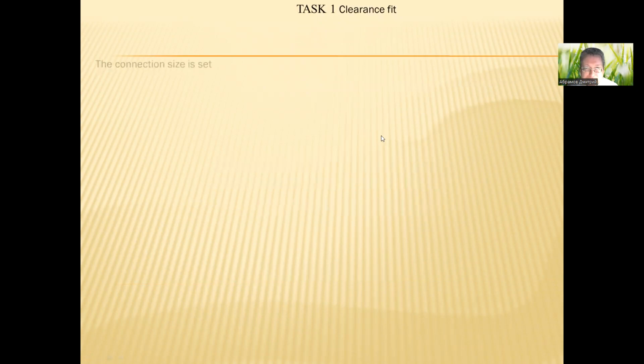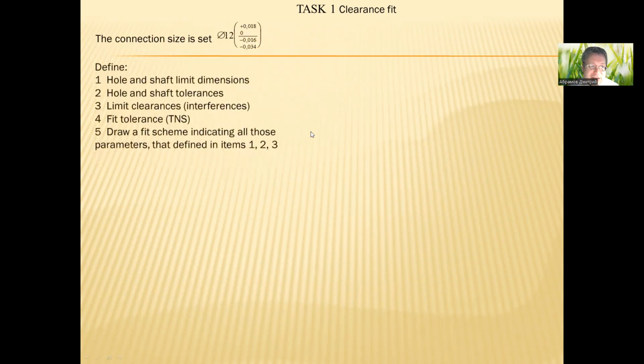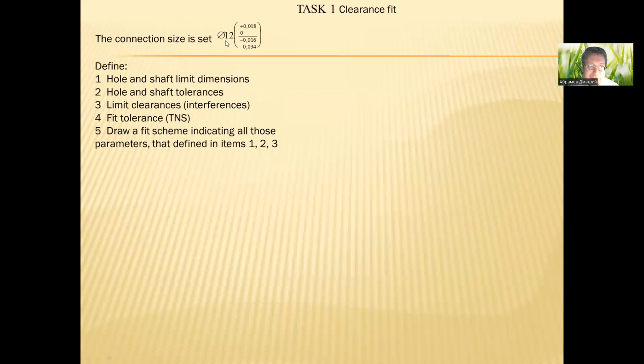Task 1, clearance fit. The connection size is set. Diameter 12, nominal diameter 12 millimeters. Upper limit deviation of the hole plus 0.018.